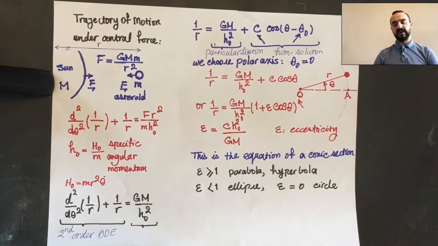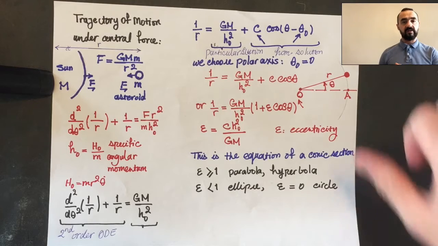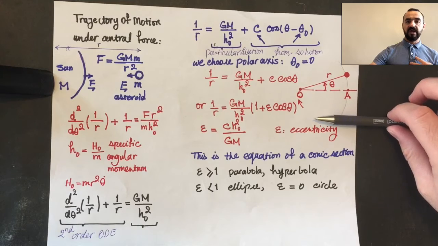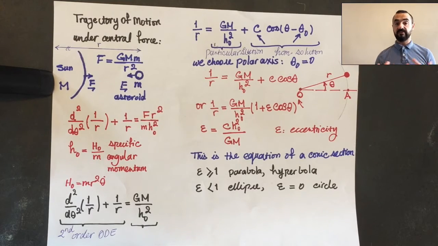If I do it this way, then I can describe qualitatively all the different types of trajectories of motion in terms of our epsilon. Epsilon is called eccentricity. I would suggest that you plot this relationship and see what you get for different epsilon.